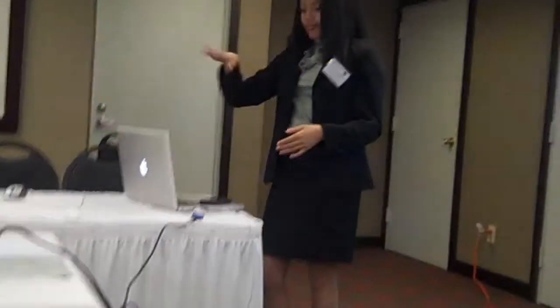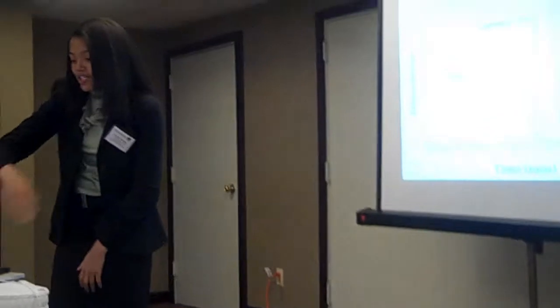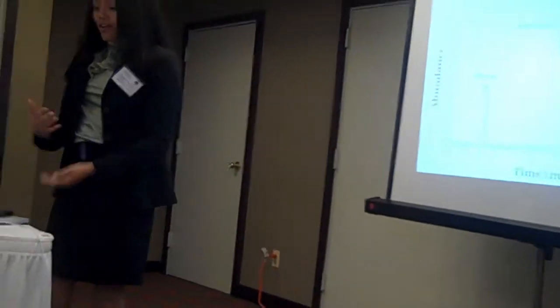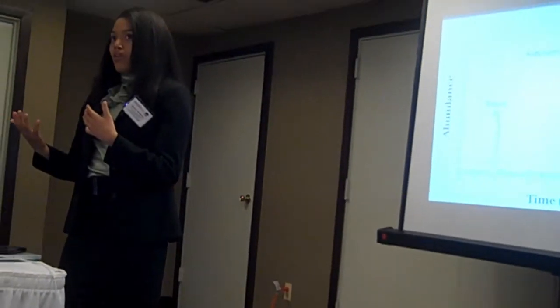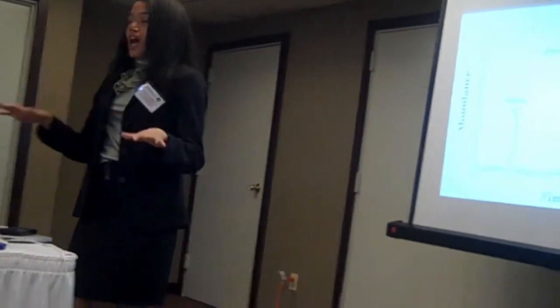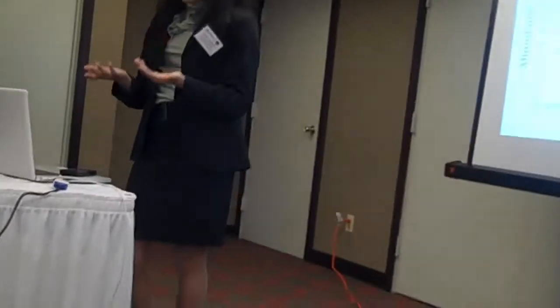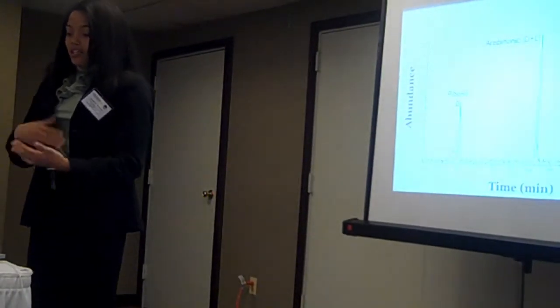So going down in carbon number, it's getting more rare, and that's how we know that this hasn't happened on Earth. This is specific space behavior. And we see ribonic, arabinonic, lyxonic, and xylonic.